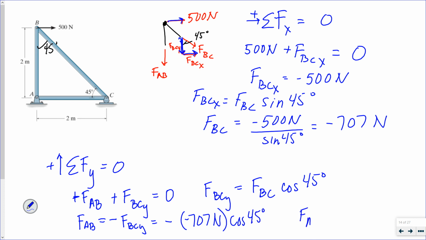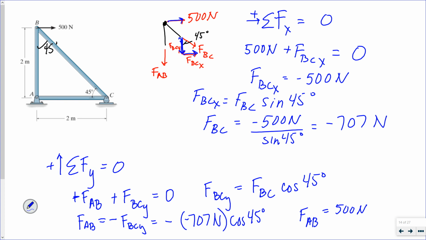So get out your calculators. You should get 500 newtons. So my force in BC ended up negative.